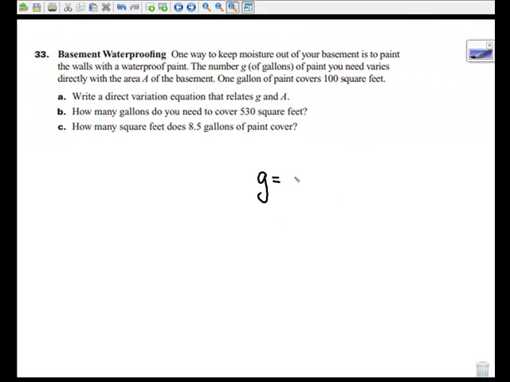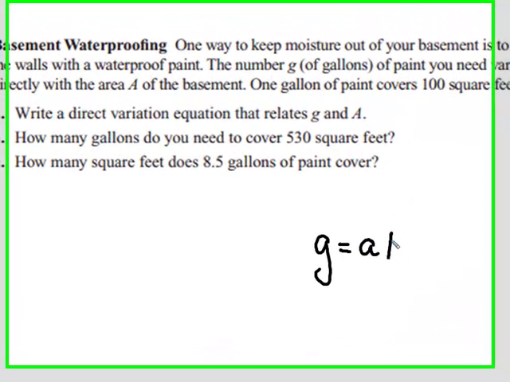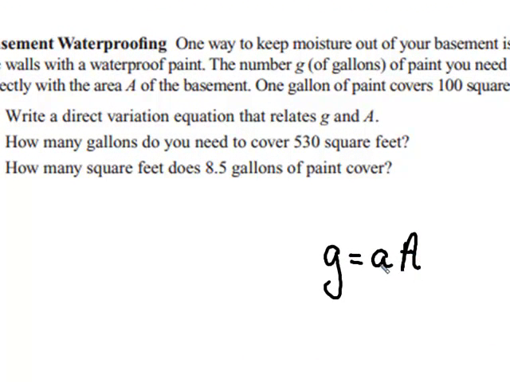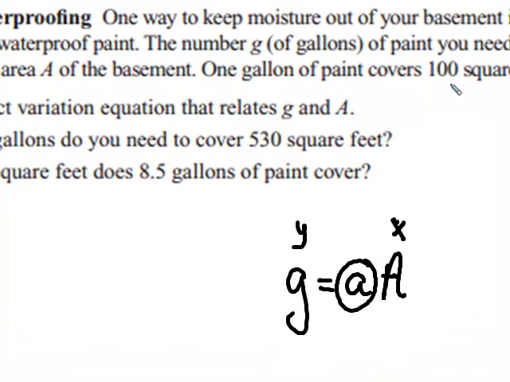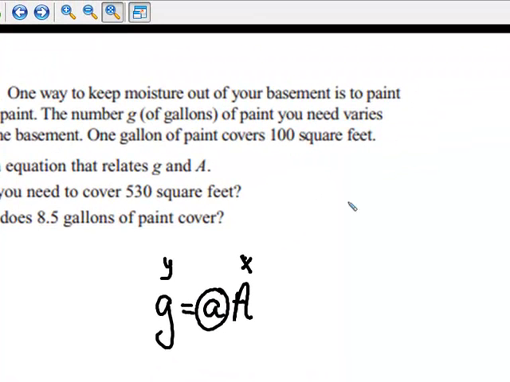So it's gallons that vary directly with the area. So this is my x. This is my y. I have to figure out this 100 though. You don't just plop in the 100, I have to figure out the a. I know that a is y over x.